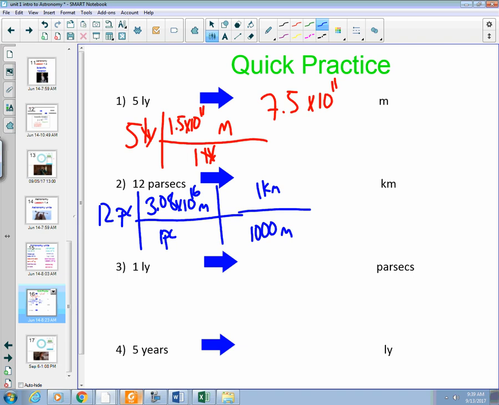So 12 times 3.08 times 10 to the 16th, divided by 1,000. And it should give us 3.69696 times 10 to the 14th.